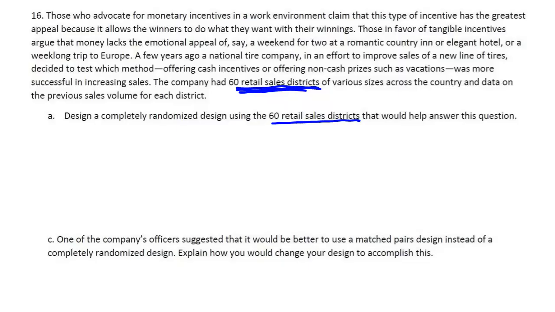Yes? So I have a question, because it says various sizes. Is it like how much they're earning, or like how many stores there is? I think you could probably argue it either way. You could either match them by size, or you could match them on previous sales volume. I would say since you're given both criteria, I would take an argument for either one of those. Let's see.